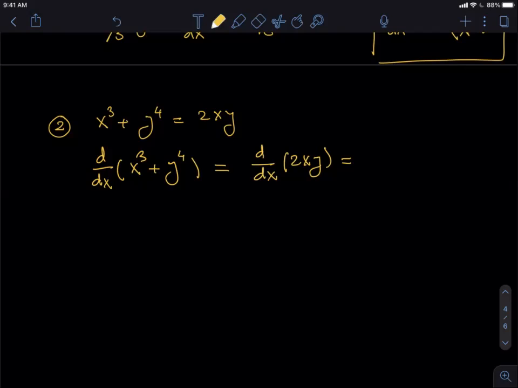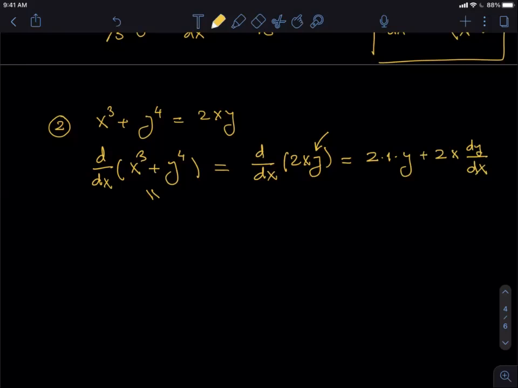And here, again, this is problematic for most students, because it's not easy to realize that y here is not a variable, it's a function. So we need to apply the product rule. This is going to be 2 times, well, d/dx of x is equal to 1 times y plus 2x dy/dx.